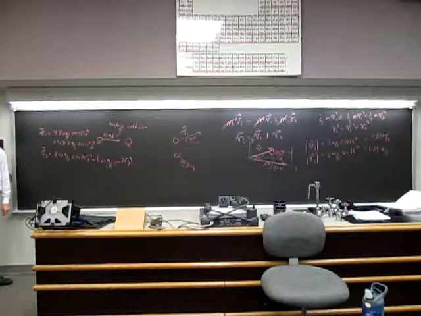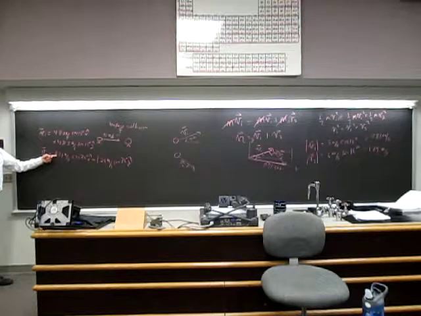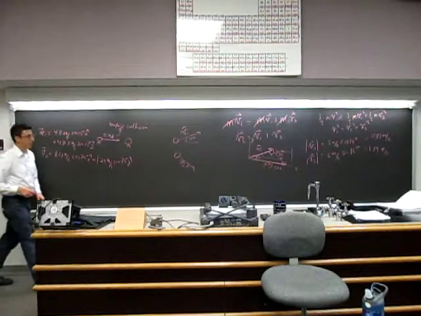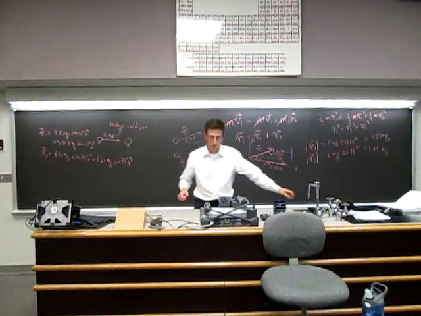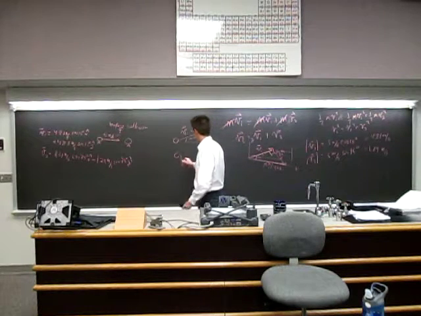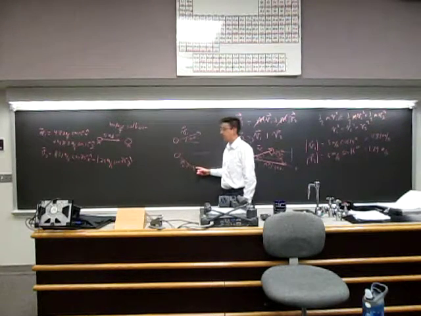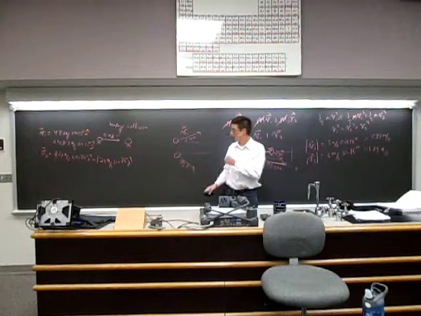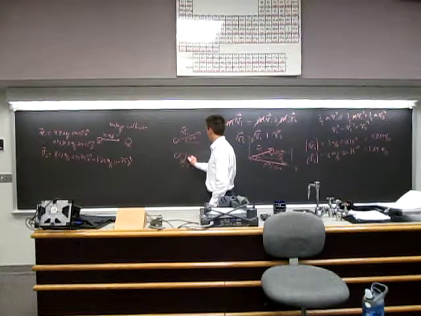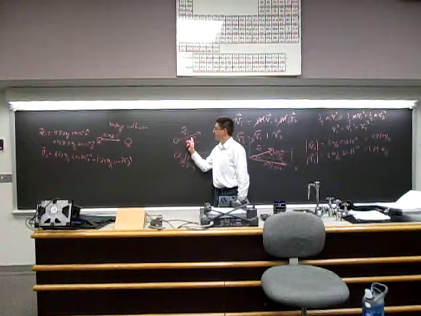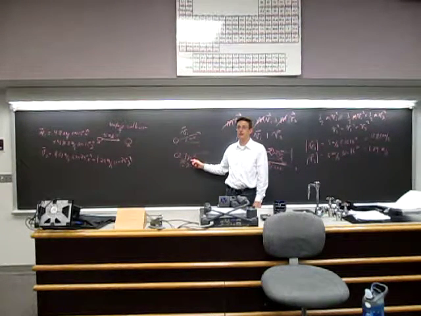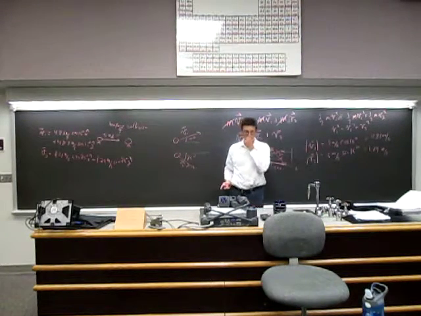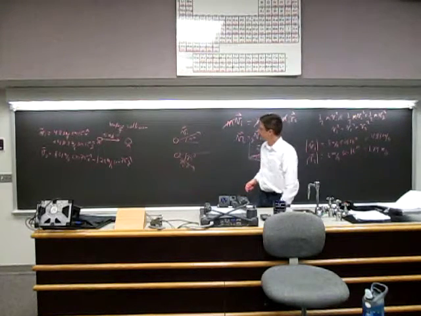Make sense? Wait, where did those come from? How did we know to put those? Let's take a look at it. If I want to figure out what this vector is, I want to write it in components, right? It's just the x and y.